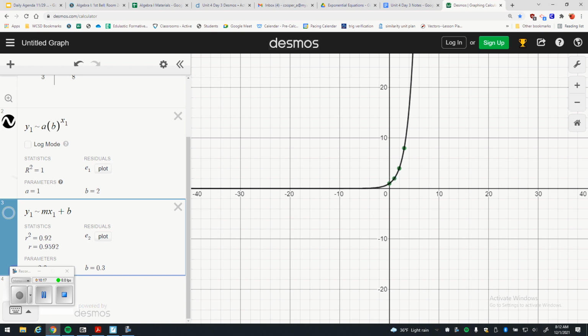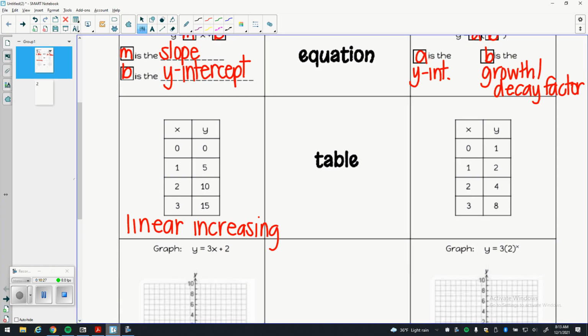R squared equals 1. We want it to equal 1. So this is exponential. But is it growth or is it decay? Growth. It's growth because it makes a J. And it's going to put exponential growth.